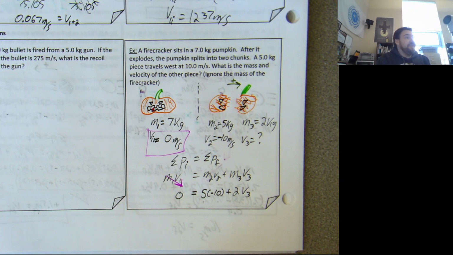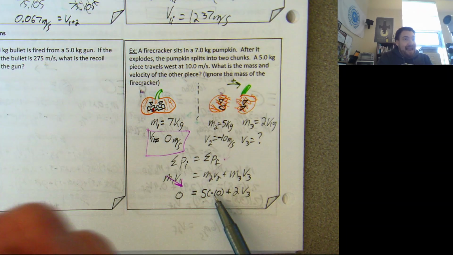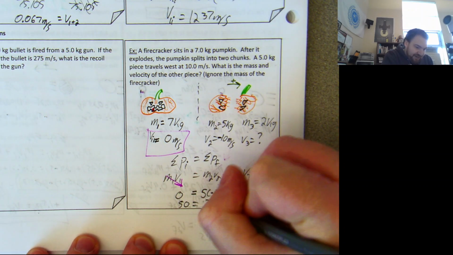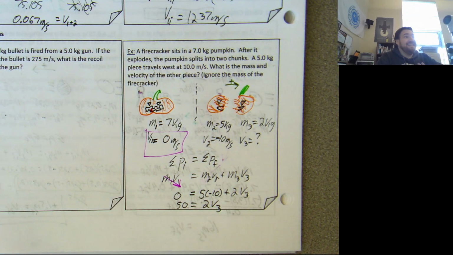So 5 times negative 10 is negative 50, and I want to isolate for V3. Because this is negative, I'm going to add it over to the other side. I'm going to get 50 equals 2 times V3. The math is nice and easy here because I cooked the numbers to be easy.